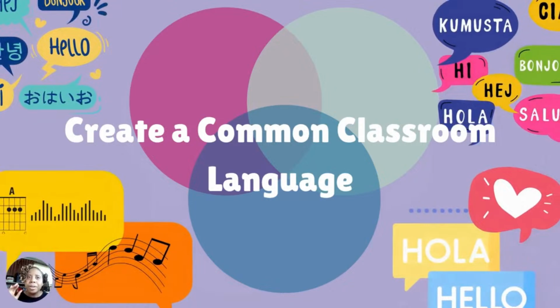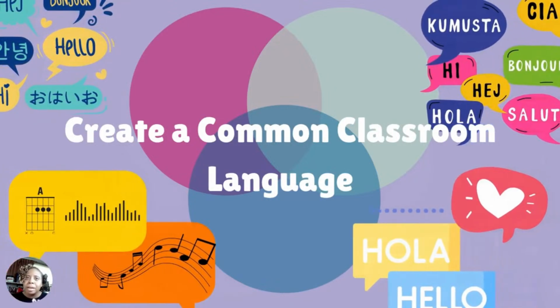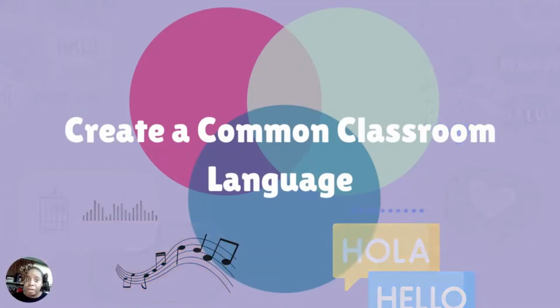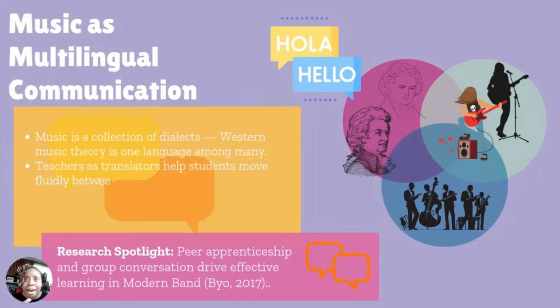Okay. So now let's look at how to create a common classroom language. So we know music is not one language, but it's so many. It's a collection of dialects. Western music theory just represents one of those many dialects.